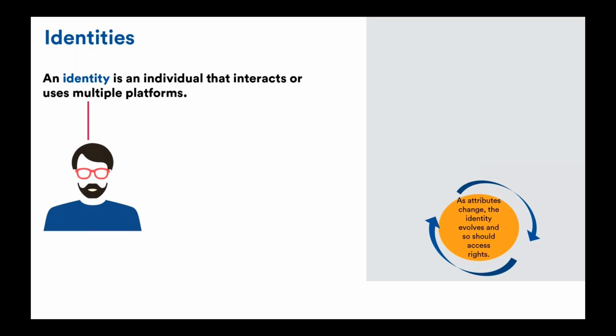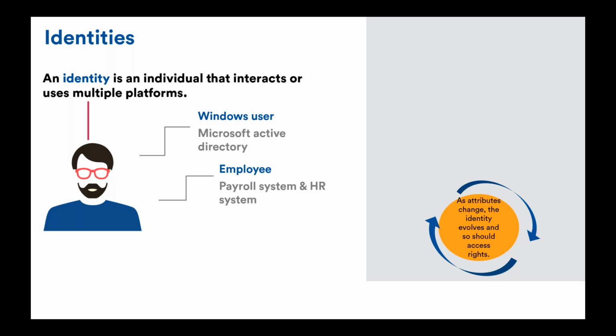So the question is, what is an identity? Here are some important concepts in Clear ID. An identity is much more than just a cardholder. It is the combination of several items that make up one's identity, whether that information comes from Active Directory, an HR system, or even a physical security system.